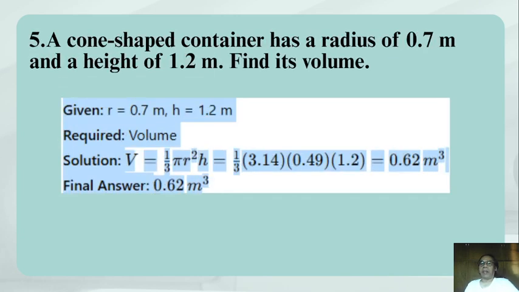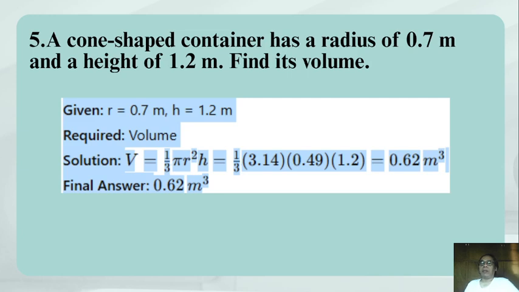Practice problem number 5. A cone-shaped container has a radius of 0.7 meter and a height of 1.2 meters. Find its volume. So we're given radius 0.7 meter, height 1.2 meters.